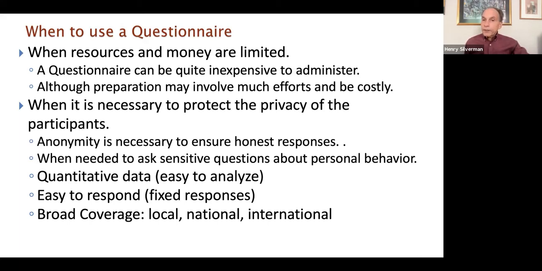Anonymity is necessary to ensure honest responses, especially if you do a survey study about responsible conduct in research, and you're asking people to self-report their misbehaviors. So use it when needed to ask sensitive questions. Quantitative data is easy to analyze as opposed to qualitative data. It's easy to respond, fixed responses, and you can have a broad coverage, local, national, and international.